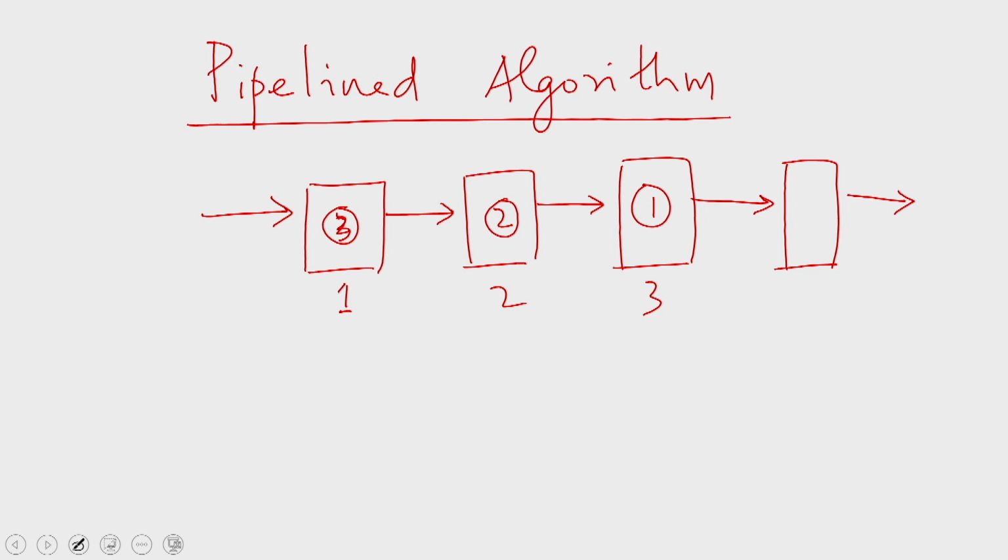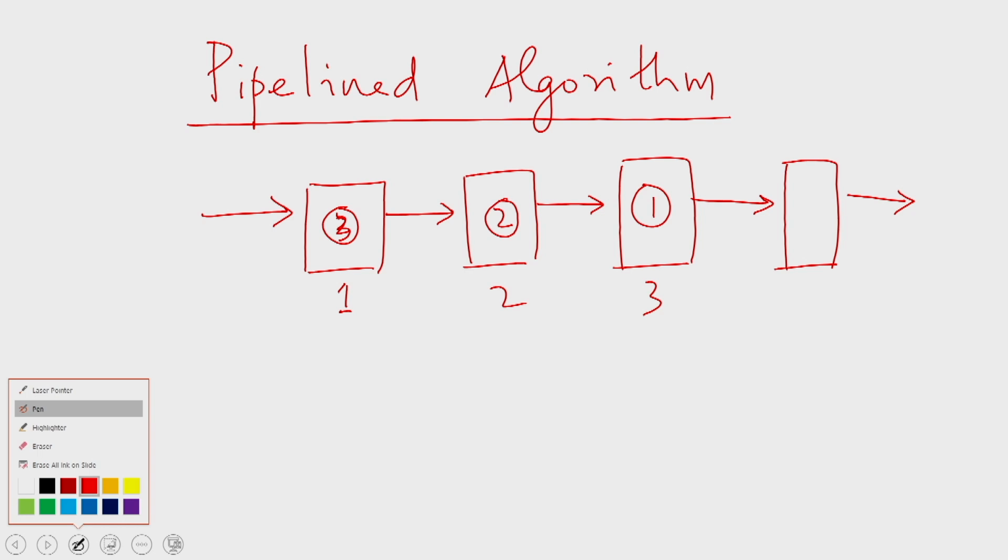Such an algorithm is called a pipelined algorithm. This is very similar to the pipelined architecture you would have studied in advanced architecture courses. The same idea is being employed here. So, in Cole's merge sort, let us say we are given an array of n elements to sort.